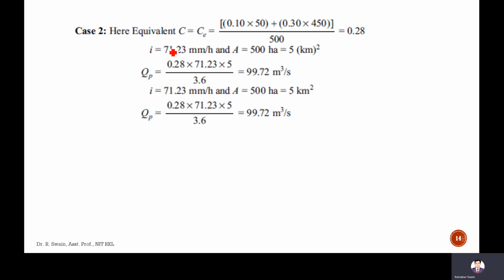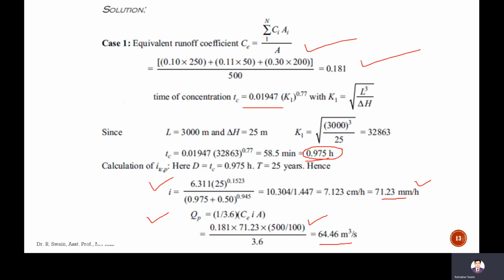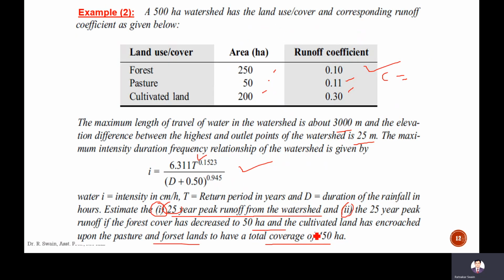In the second part, it is saying that forest cover is decreased to 50 hectare, and cultivated land has encroached upon the pasture and the forest land to have a total coverage of 450. So cultivated land is 450.